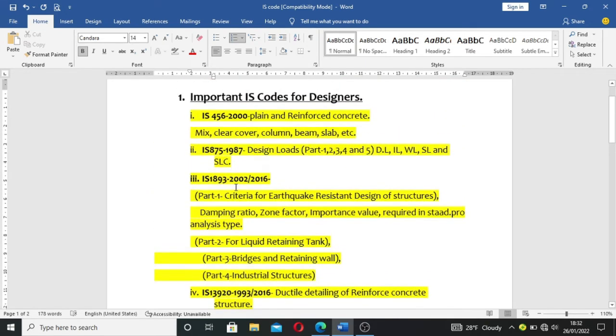If you have this basic concept, you will easily clear your doubts when you proceed with the designing and analysis of the structure using the software.